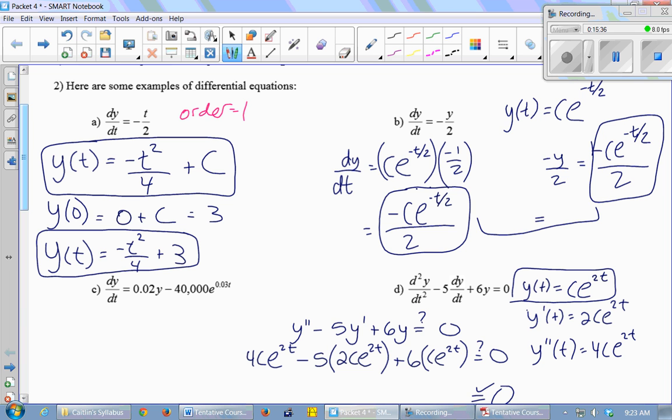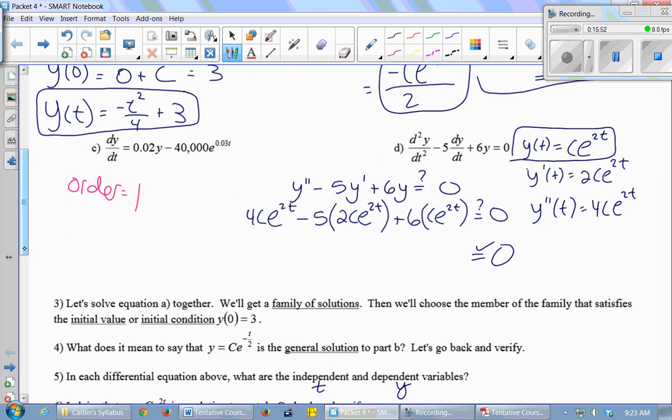How about in B? Just the first derivative again. How about in C? It's just the first derivative again. The highest derivative is the first. How about in D? There's a second derivative, so the order is 2 on that one.